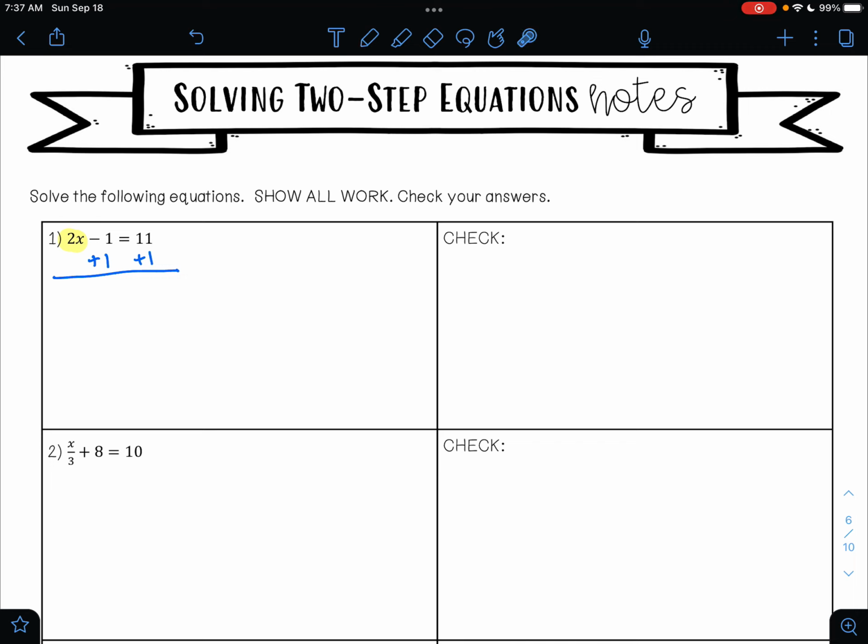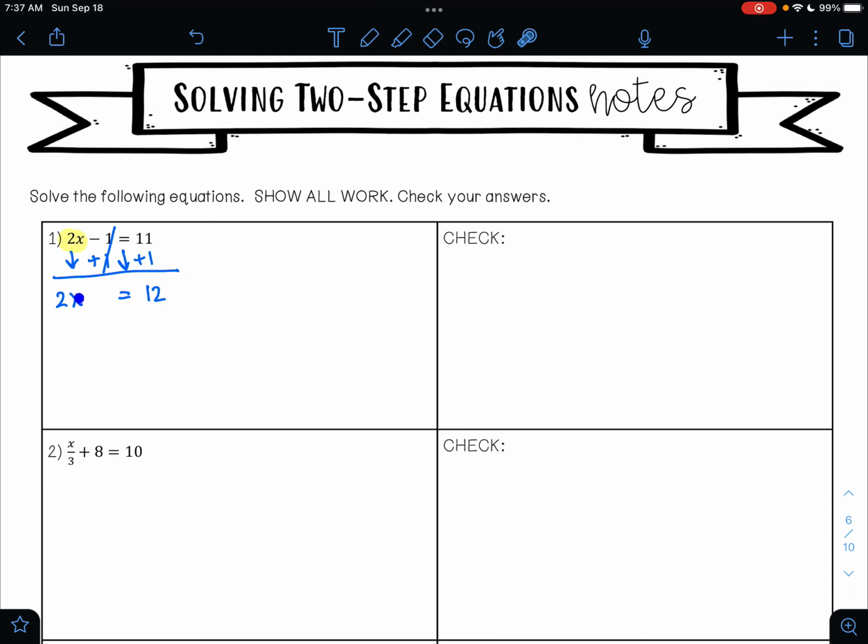Remember, when I'm talking about both sides of the equation, I'm talking about the side to the left of my equal sign and the side to the right of my equal sign. So I'm going to go ahead and bring down my 2x. Negative 1 plus 1 is 0. I'm going to bring down my equal sign, and 11 plus 1 is 12. So now we have this new equation, 2x equals 12.